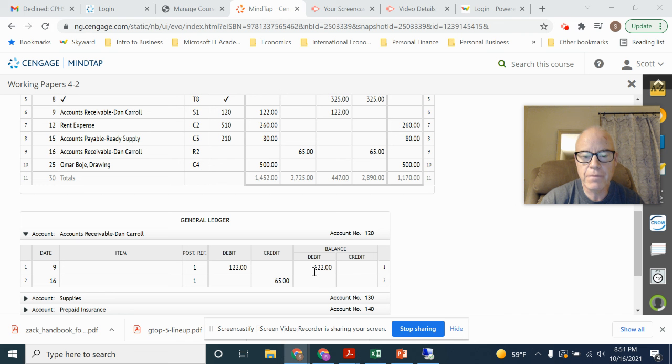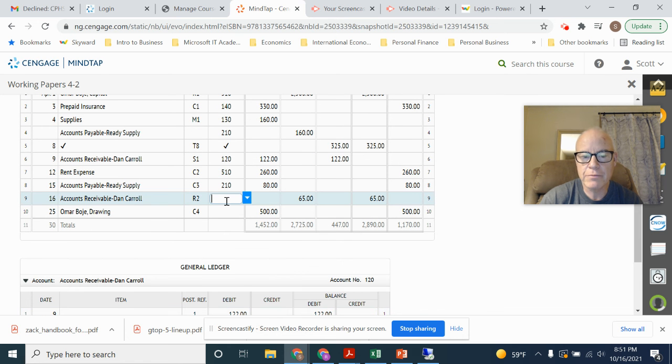Now again, accounts receivable has a normal balance of 122. We're crediting it for $65. So now we're going to take 122, our debit, minus 65, our credit, and we're left with $57 if my math is correct. That's step 4. Step 5, go back and put 120 back into the post reference in the general journal.